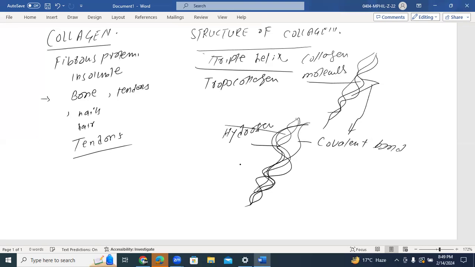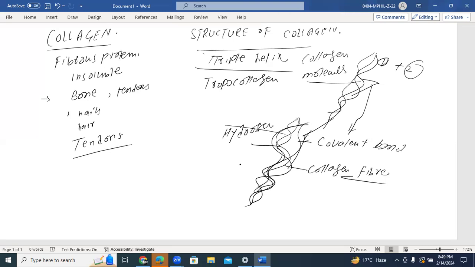You can add two more here, and when you add more collagen molecules, they will form fibrils. That is called a collagen fiber.